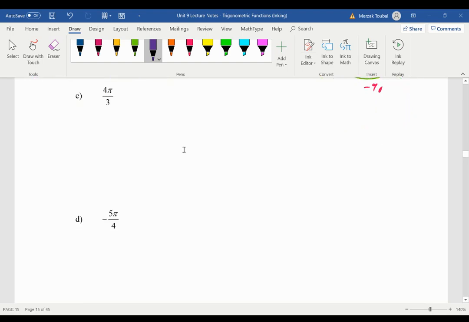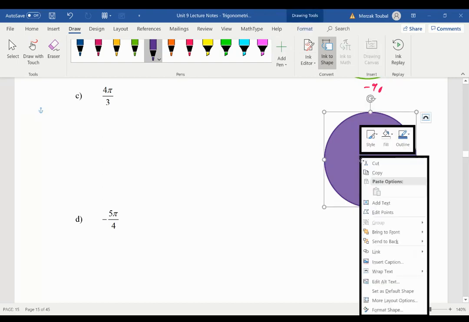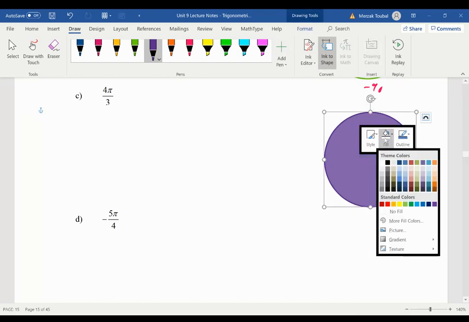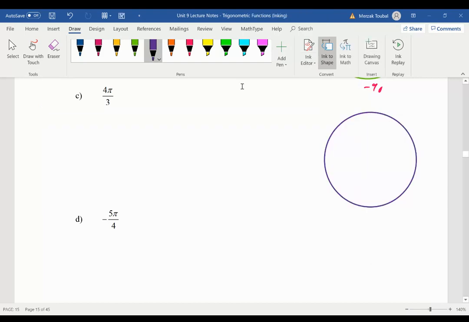Okay. 4 pi over 3. Let's make another circle. Okay, good. So 4 pi over 3, we're not yet really familiar with radian measure, but let's try.